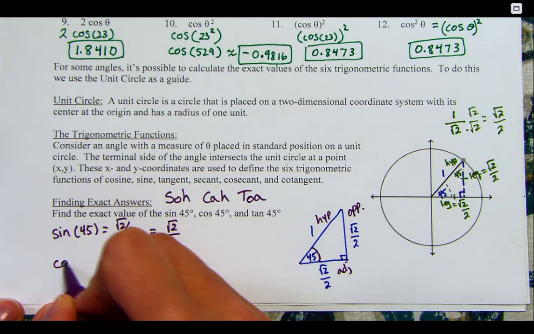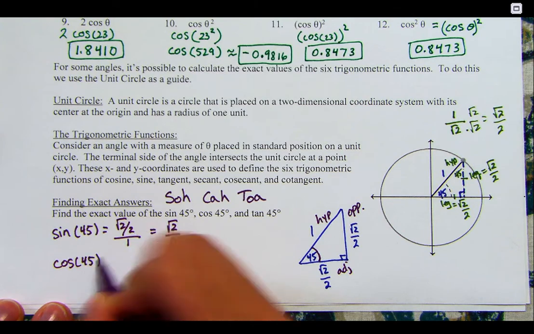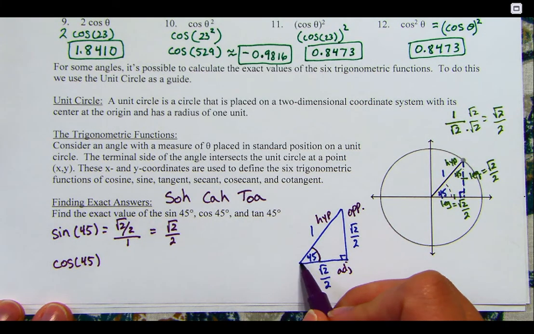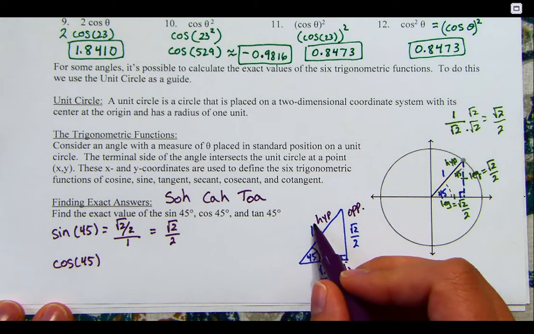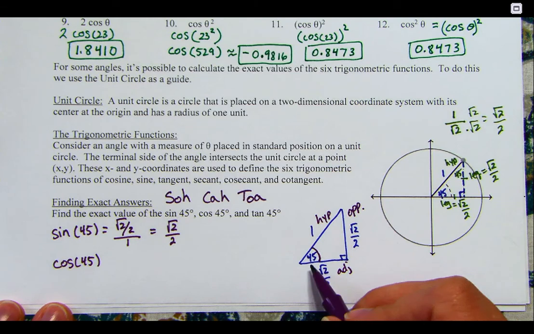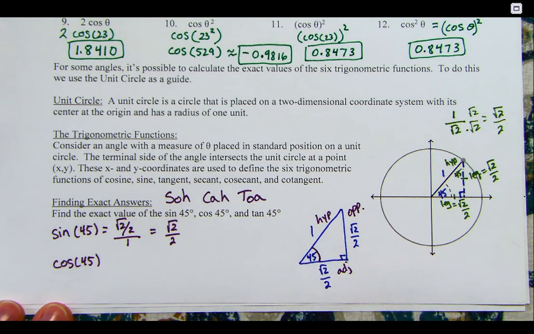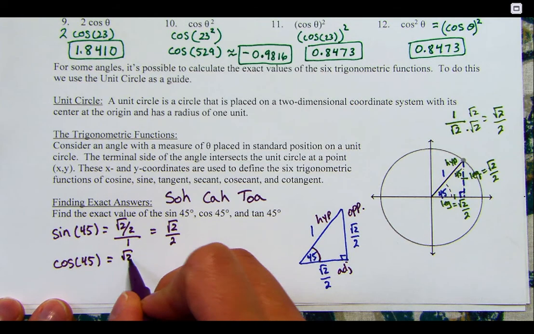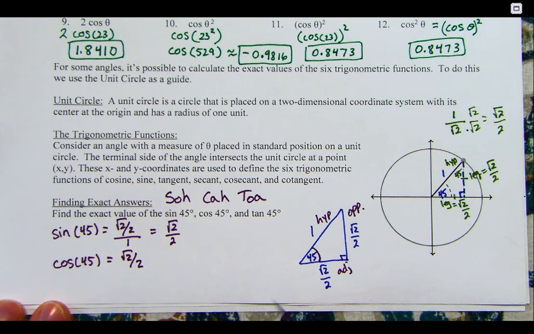And then for cosine of 45, that is the adjacent side over the hypotenuse. So again, this is my angle. I'm taking the adjacent side and dividing it by the hypotenuse. So that means I'm taking the square root of 2 over 2, dividing it by 1 again, which since we're dividing by 1, is just going to be the same as the numerator. So square root of 2 over 2 is also my answer for cosine.